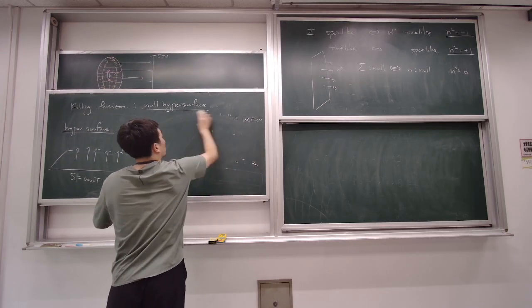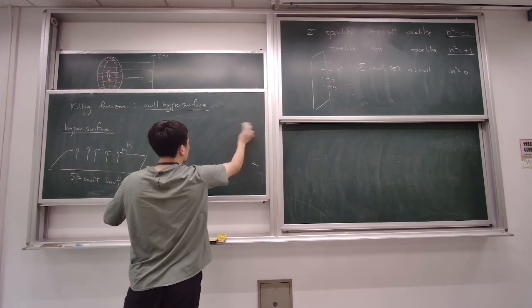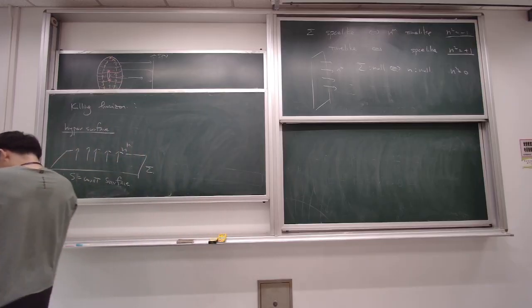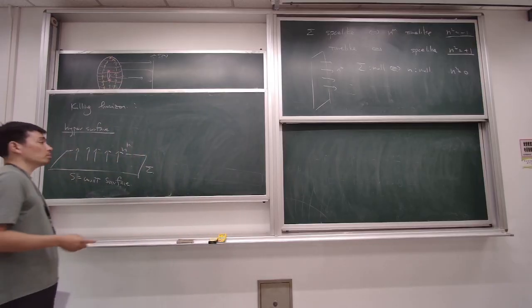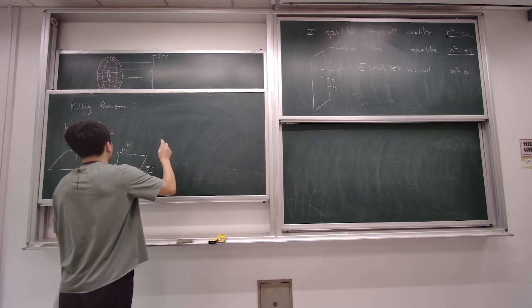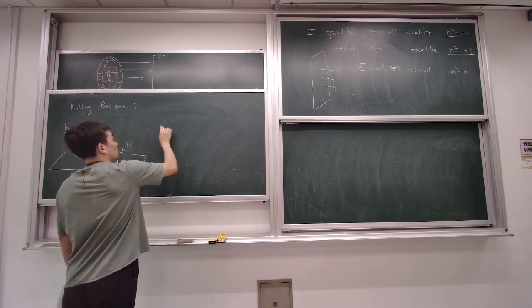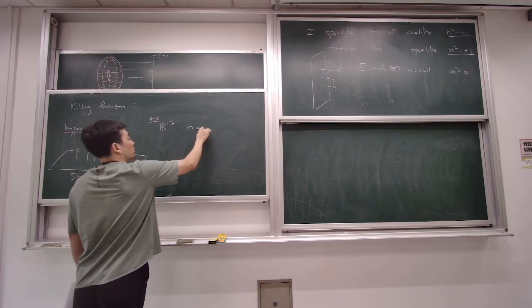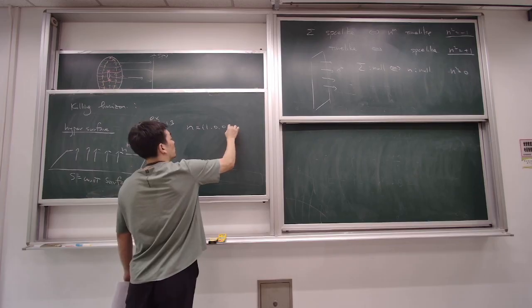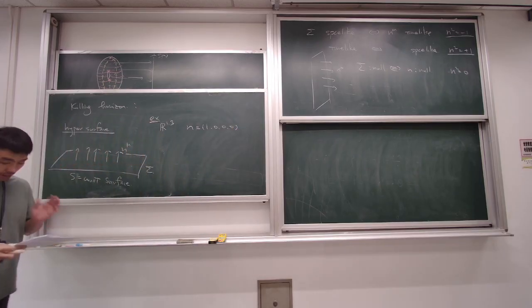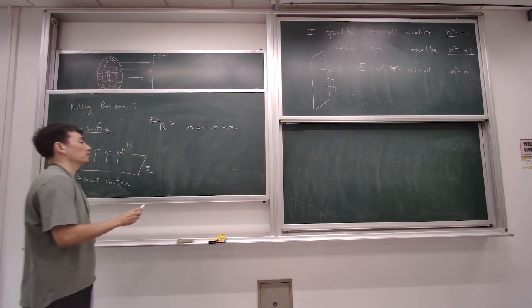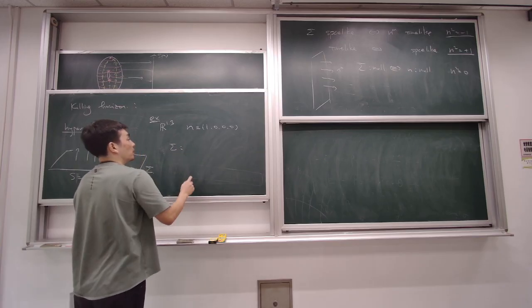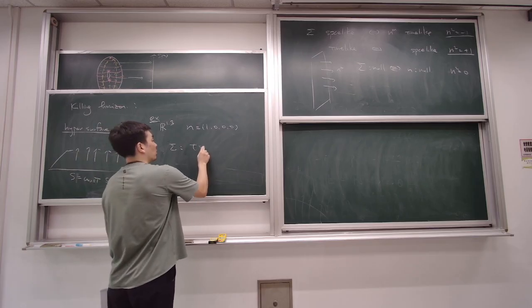So, an example in Minkowski space. n is equal to (1, 0, 0, 0). It's time-like, and the hypersurface sigma is the t equal to constant surface.